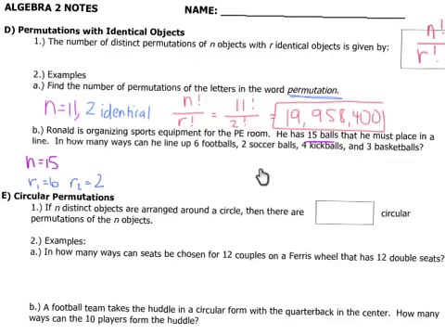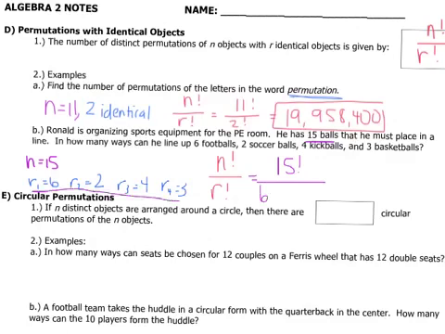He has 4 kickballs and 3 basketballs. So the third repeater is 4. The fourth repeater is 3. So a whole bunch of repeaters here. It's still n factorial over the repeater factorial. Value of n is 15, and then we just have to account for all of those repeaters. So 6 factorial times 2 factorial times 4 factorial times 3 factorial.